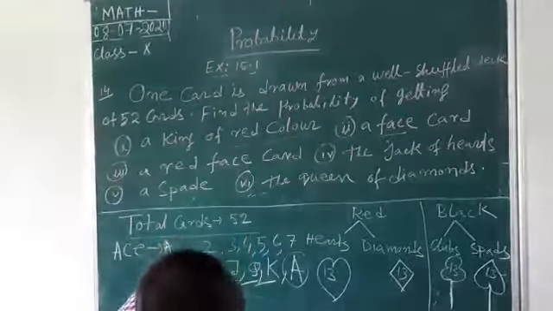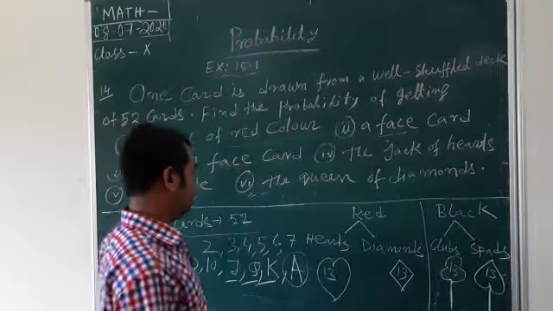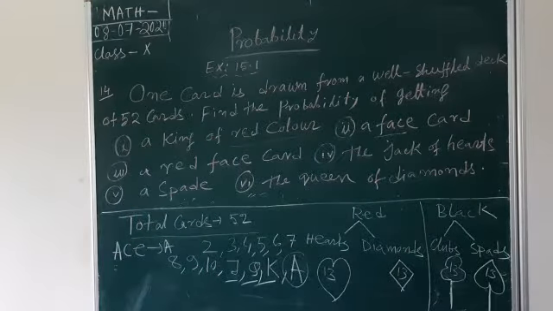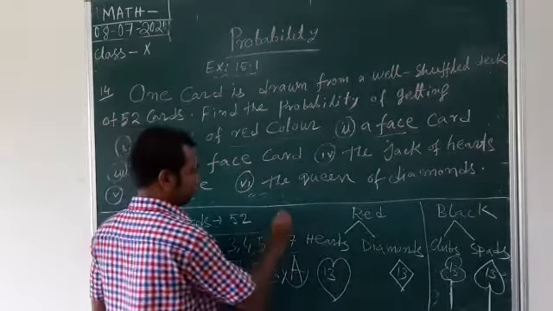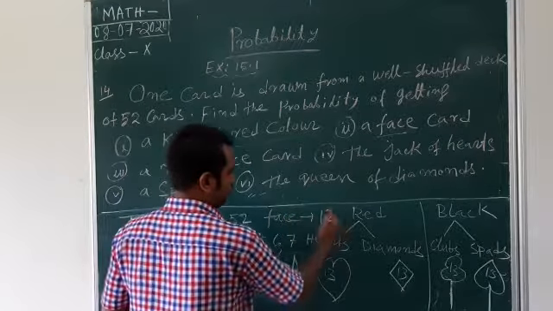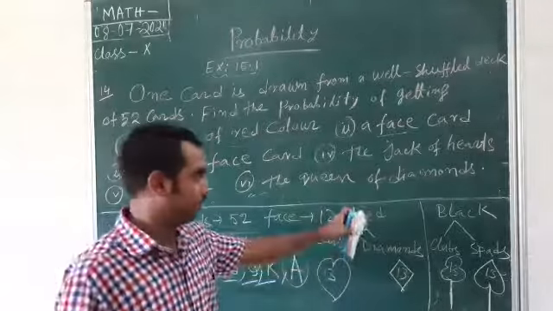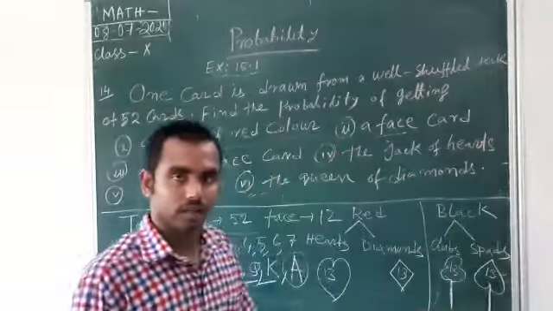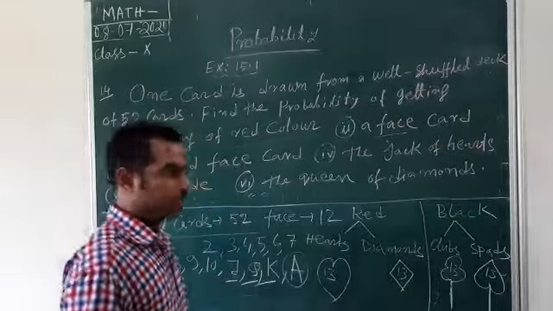Clear? Total face cards are 12. There are 6 red face cards and 6 black face cards. So 6 plus 6, total 12.